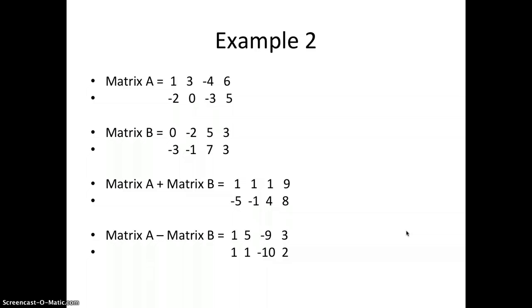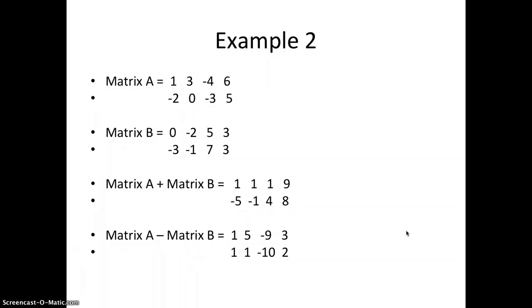If we are going to subtract matrix A minus matrix B, we would have 1 minus 0 equals 1, 3 minus -2 is equal to 5, -4 minus 5 is -9, and 6 minus 3 is 3.